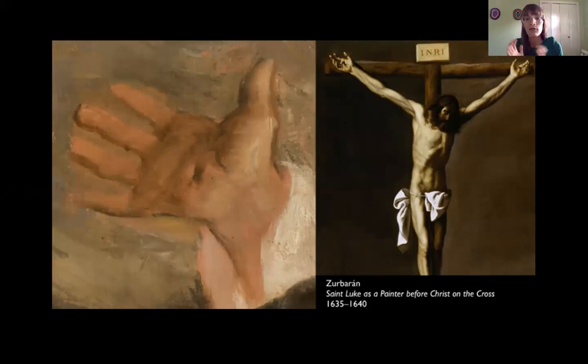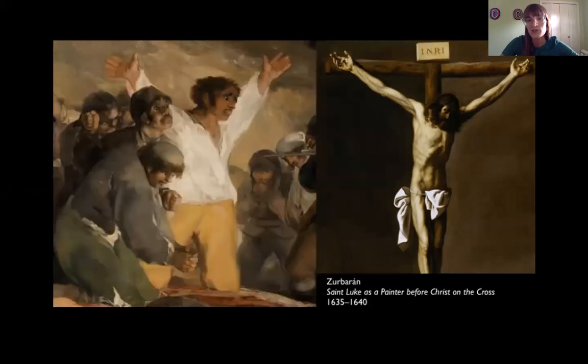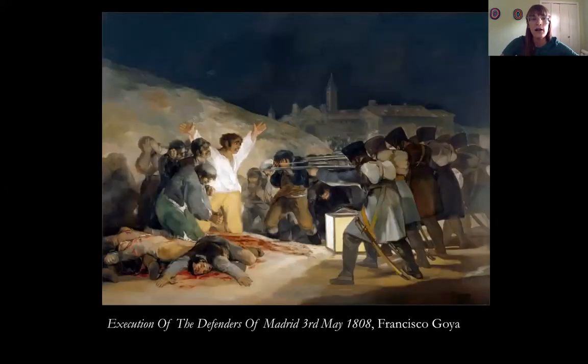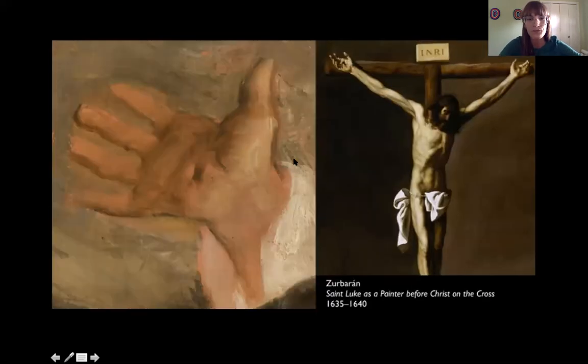And so the nail holes in his hands are one of those stigmata. And so you even have reference to that here in this painting. So very smart composition in terms of Francisco Goya really thinking about people's understanding of the iconography of Christ and of an innocent person sacrificing themselves. And that's what you have happening here with these citizens of Madrid.